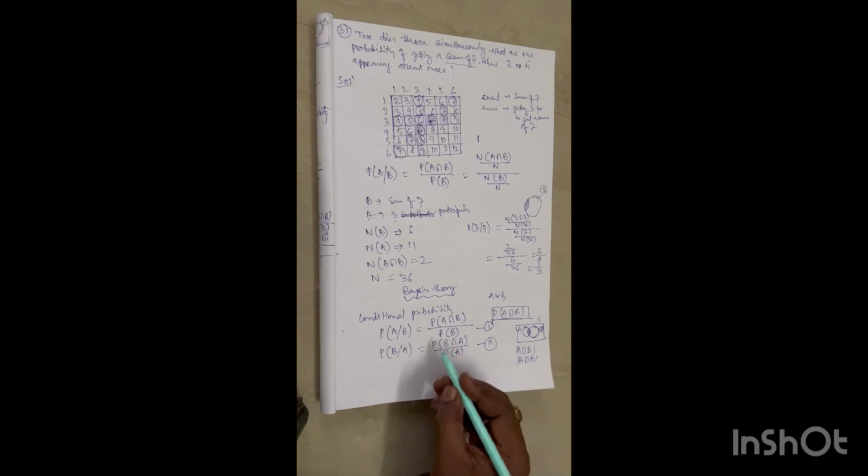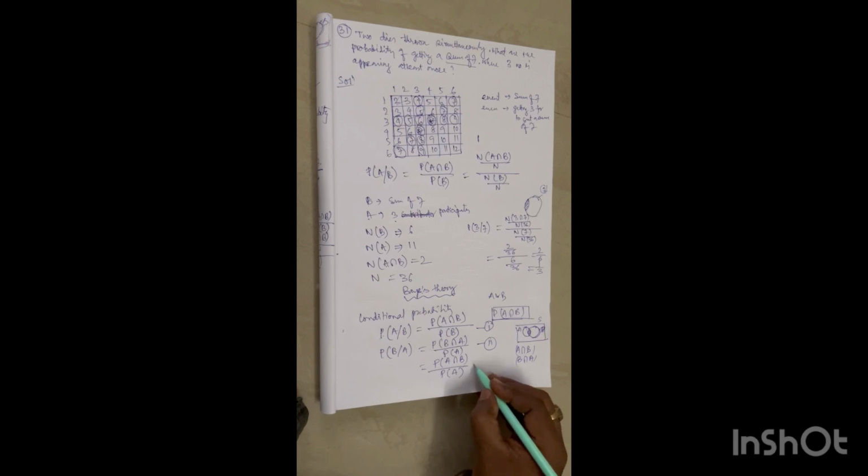So can we equalize, or else one step more, if instead of B intersect A, we put A intersect B in this equation, with the simple logic that those represent the same area.